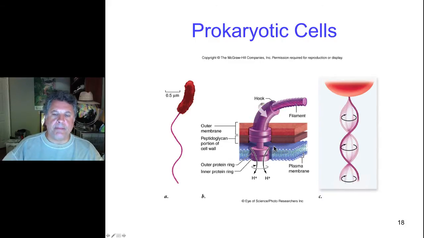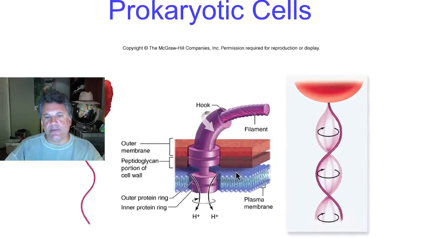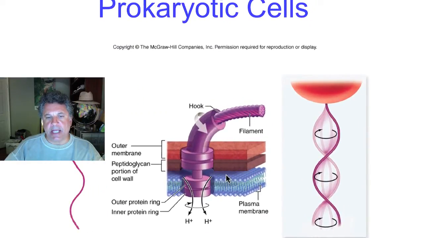And the driving of the flagellum, the twisting of the flagellum, is driven by these molecular rotors, really. They're motors that twirl. And they twirl based on the flow of hydrogen ions across the plasma membrane. There's a higher concentration of hydrogen ions outside the plasma membrane than inside the plasma membrane.